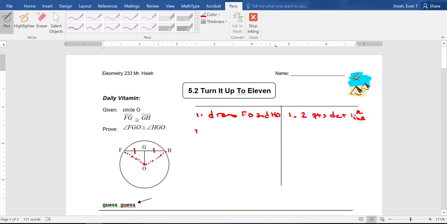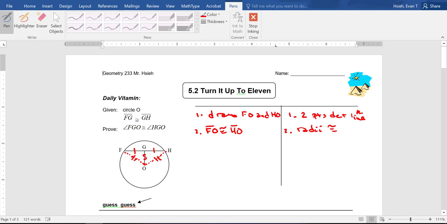And then we know that those radii are congruent to each other, so I can say that FO is congruent to HO because radii are congruent. Okay, it looks like we're headed towards proving the triangles congruent. And then it looks like angle FGO is going to be congruent to angle HGO using CPCTC.